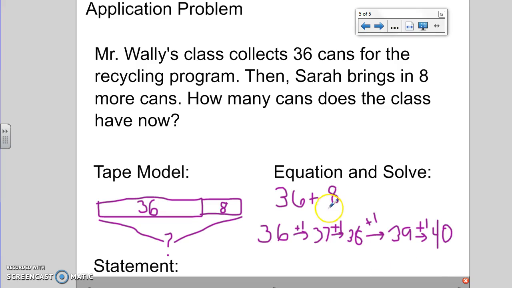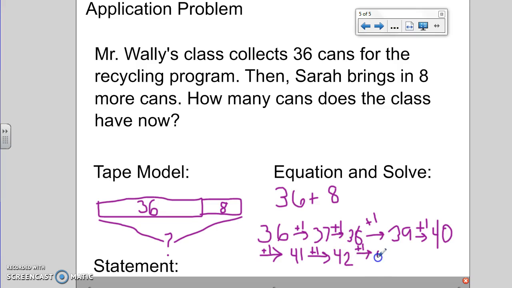I have to add 8 ones. So far I've added 1, 2, 3, 4. Add another 1 is 41. That's 5 ones. Add another 1. That's 42. Add another 1.